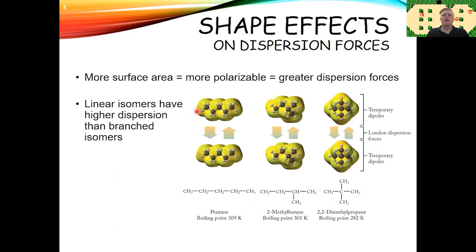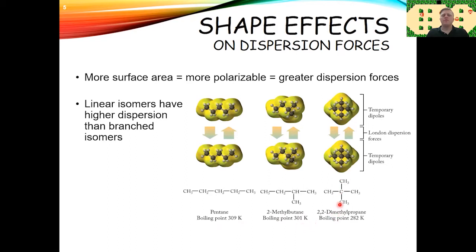And you'll notice for pentane, which is just this 5-carbon chain, it has a boiling point of 309 Kelvin. But if we start rearranging these carbons, and instead of having a linear 5-carbon chain, if we have, for example, 2-methylbutane, which has a 4-carbon chain with a branch, the boiling point drops slightly. So it goes from 309 to 301.